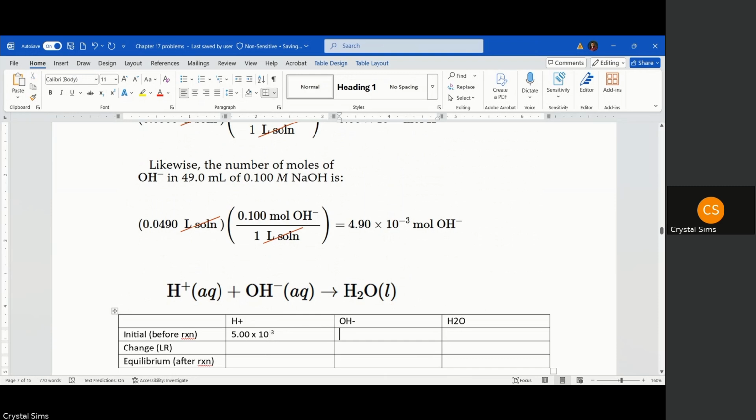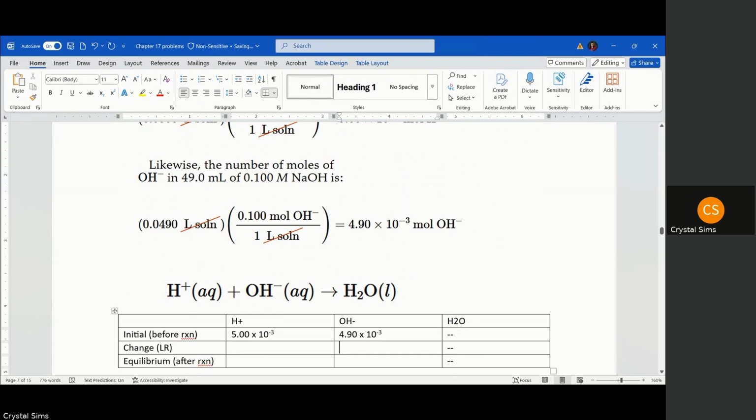Our hydroxide amount, we calculated that, 4.90 times 10 to the negative 3. Again, they're not even because we're not at the equivalence point. We're still on the acidic side of the equivalence point. And water being a liquid, we don't consider water at all. We don't have to worry about what's going on there.